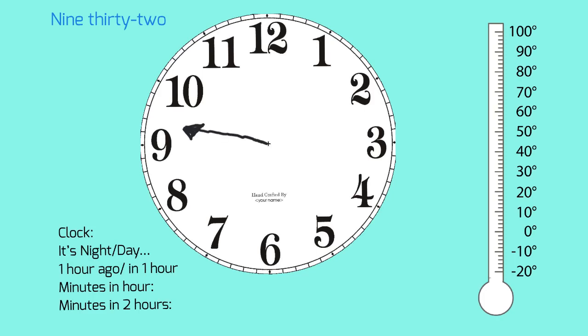So remember, when we count around the clock, starting at the 1, it's 5, 10, 15, 20, 25, 30. And then we count 2 more, 31, 32. So this is where we'd want our long hand to be pointing.